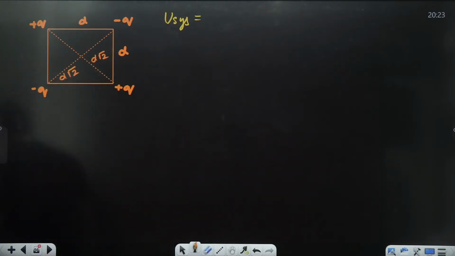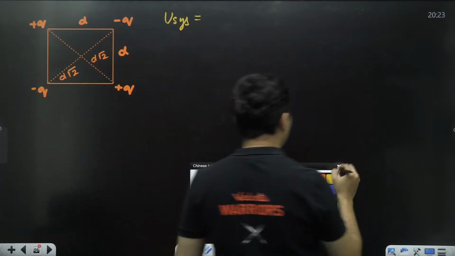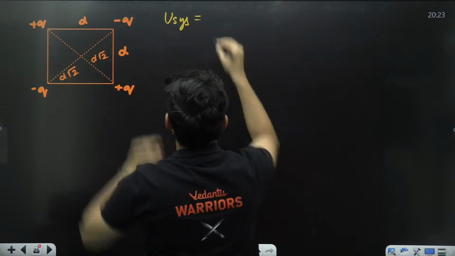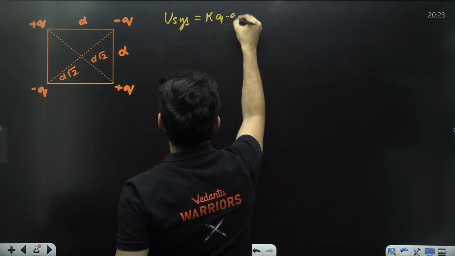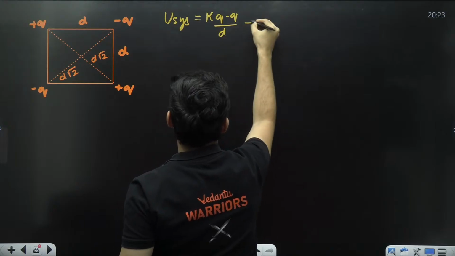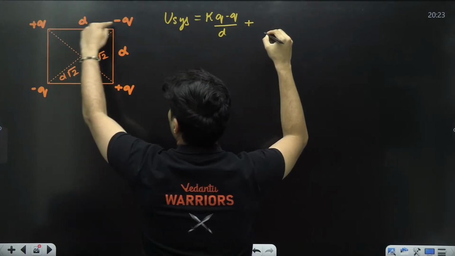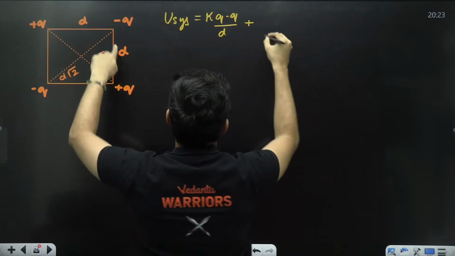Yes. So what next? Let's find out the potential energy. This guy with this guy: K, Q, minus Q divided by D, plus this guy with this guy. Let's cover all the sides first.